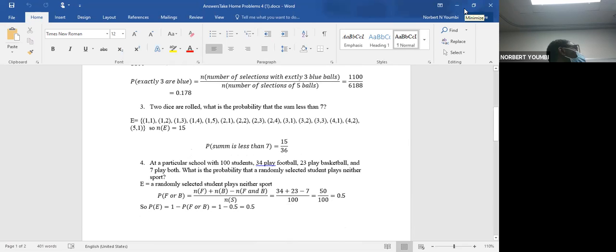Dice are rolled, what is the probability that the sum is less than 7? So we will identify the two numbers that could be less than 7. An easy way to do that is to make a diagram, which we call a Cartesian product.